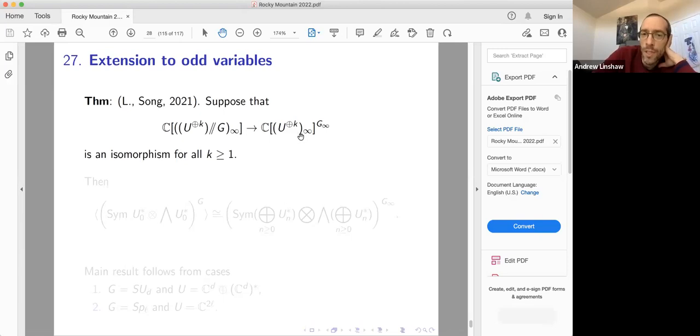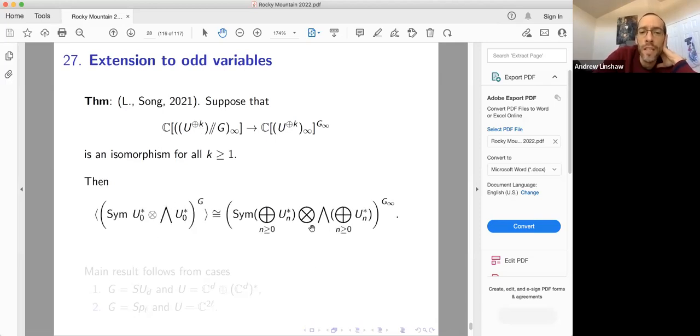This maps to the arc space invariants in many copies. Here I take the arc space of this. In general, this is not an isomorphism, but what I should say here is, if this is surjective, I only need surjective. If this map is surjective for all K, then these are equal. Okay, and that's the case in our main example.